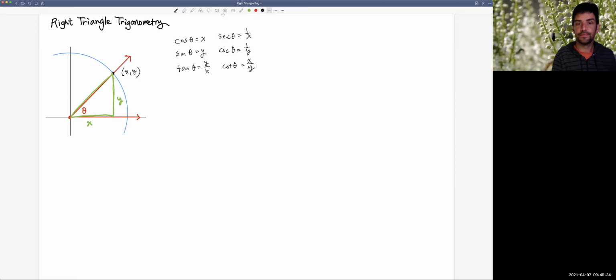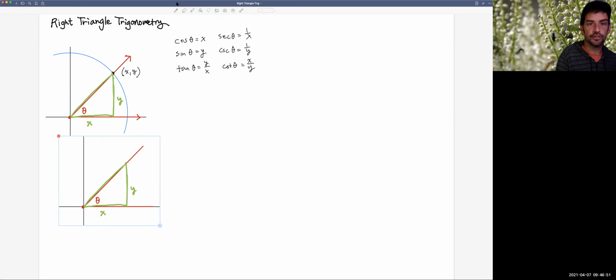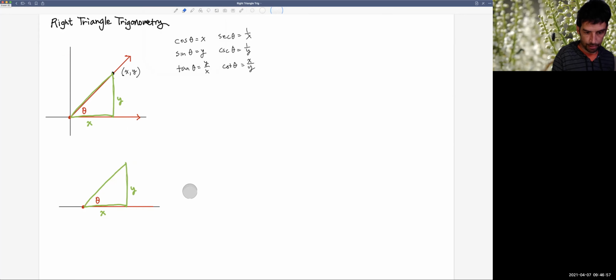So now let's grab this triangle. I think I have to grab the whole. Wait, let's make sure I get this and copy, paste, and I'll just erase the parts I don't need. Okay, so now what I'm pulling out is just that triangle.